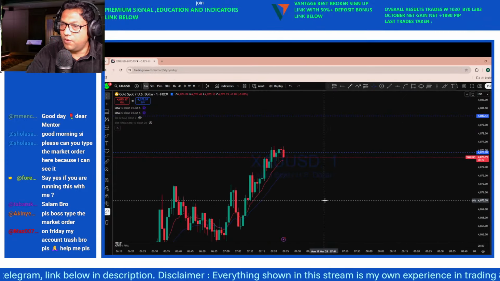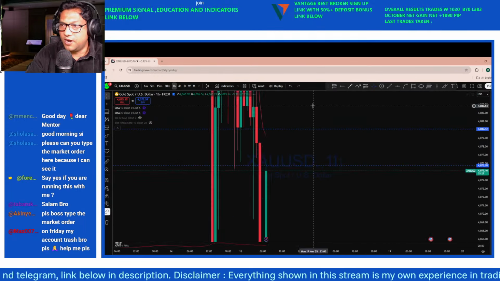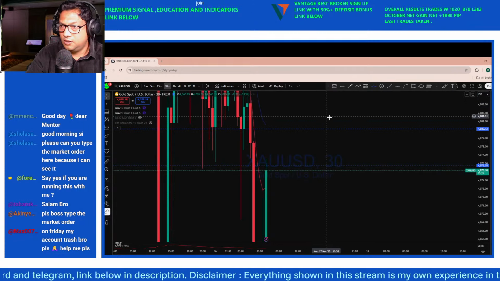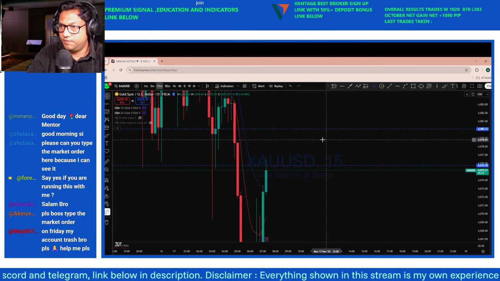If it reverses from a very key level, you would see the market come straight down back to this support level.